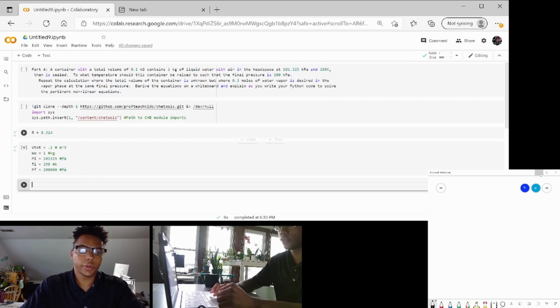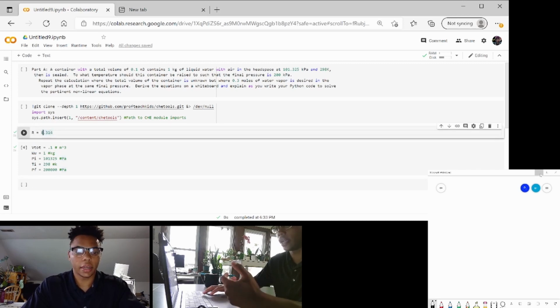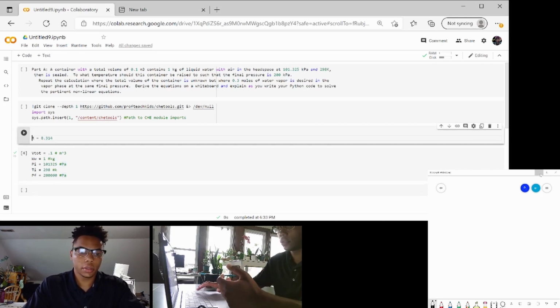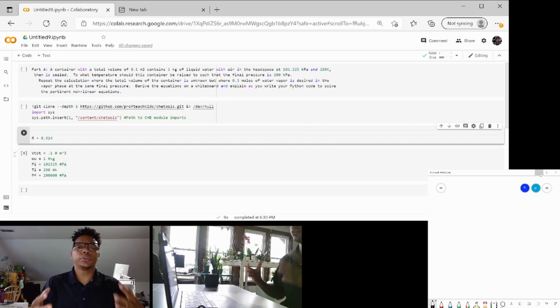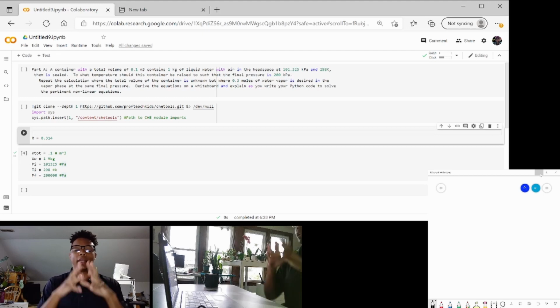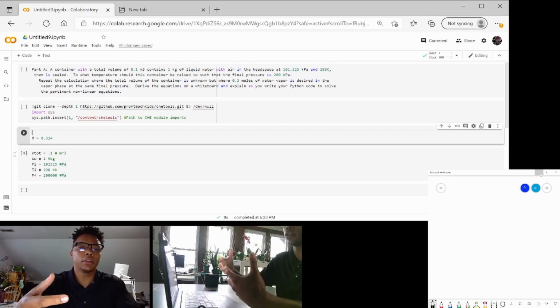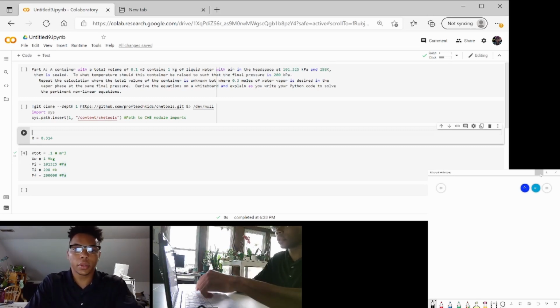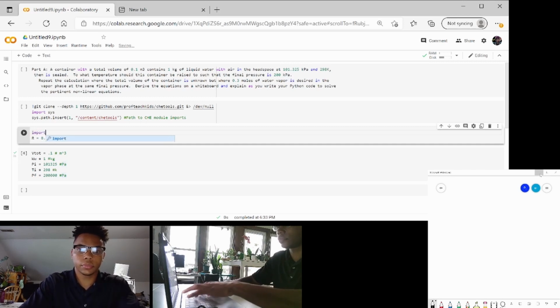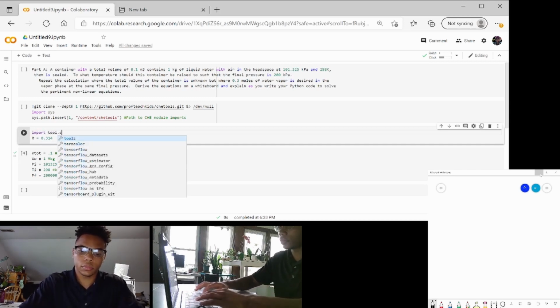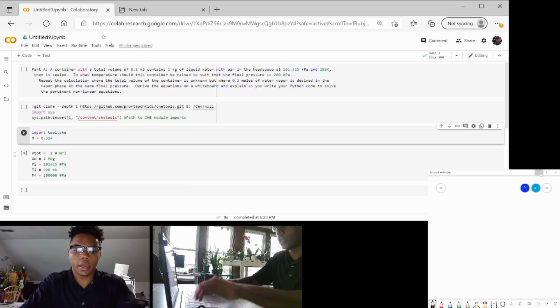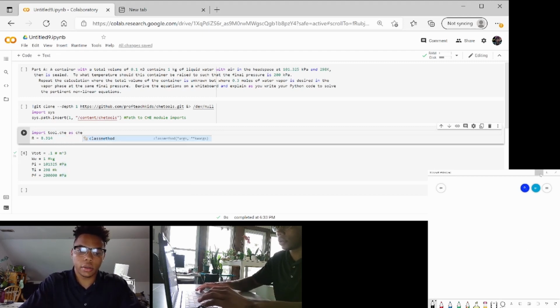So we have our data input. What we want to do is use a tool today. We have tools that we can use, and it's going to make this entire problem a whole lot easier for us. We're using Google Colaboratory, and we're using Python as our interface for coding. So let's import.